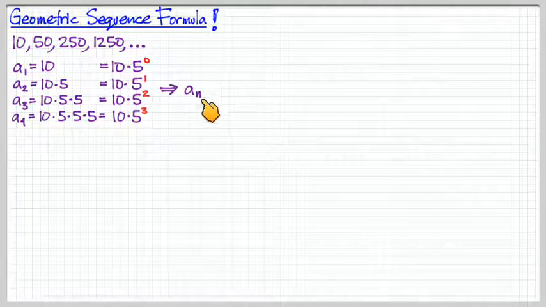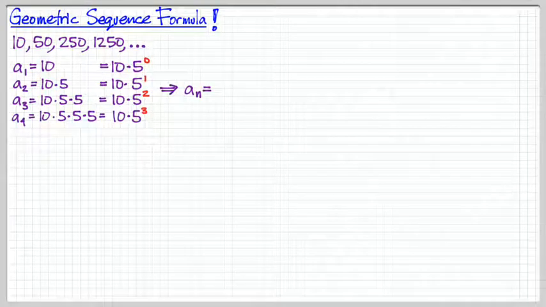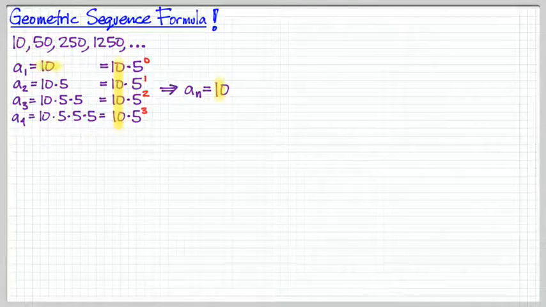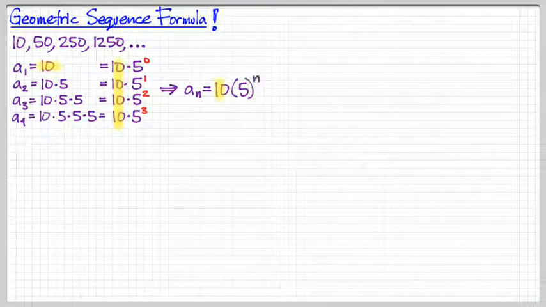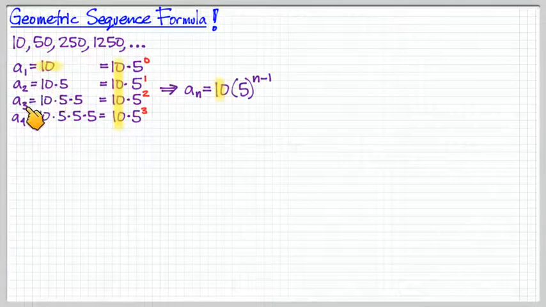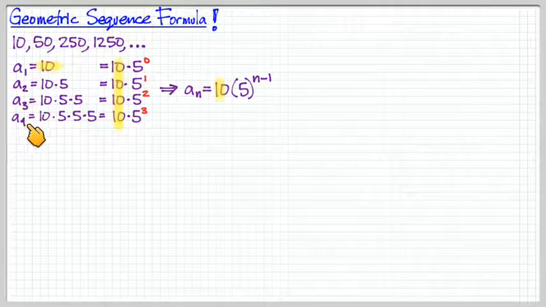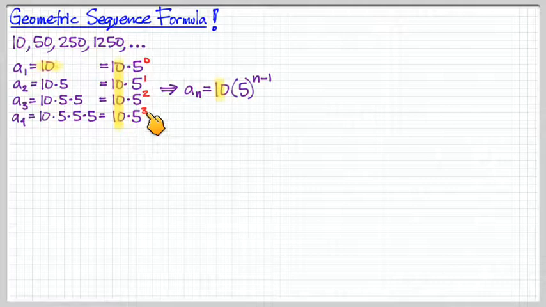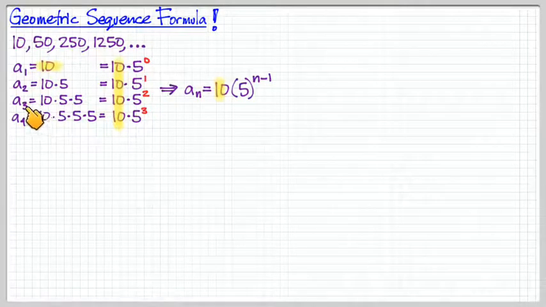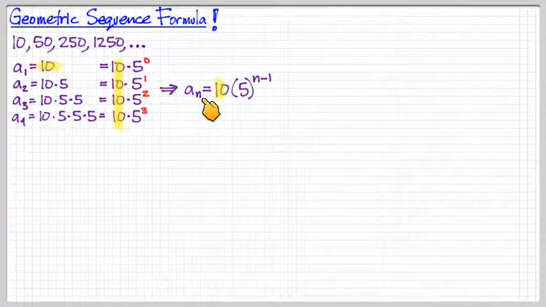The nth term of this sequence would be equal to, we see this common 10 here, and then we see this common ratio of 5 raised to the power of n minus 1, because we see here that when the term is 4, the exponent is 3. When the term is 3, the exponent is 2. It's 1 less than the term number.